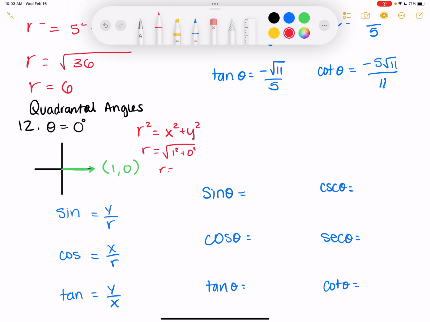So r is equal to 1, and that's going to be consistent for all of the quadrantal ones. What then would my sine of theta be? 0 over 1, which is just 0.